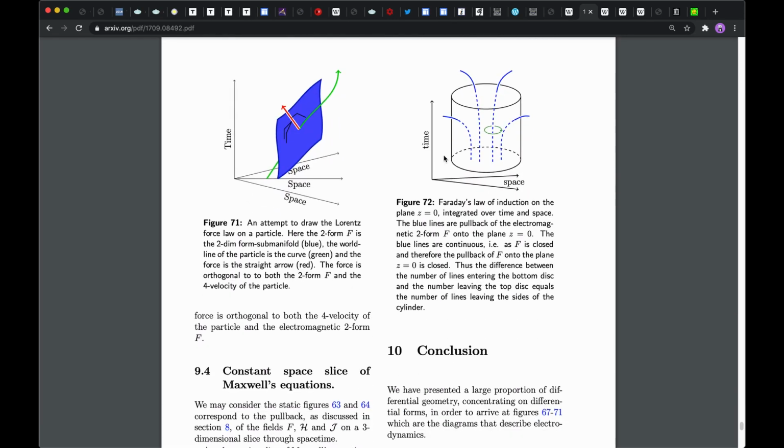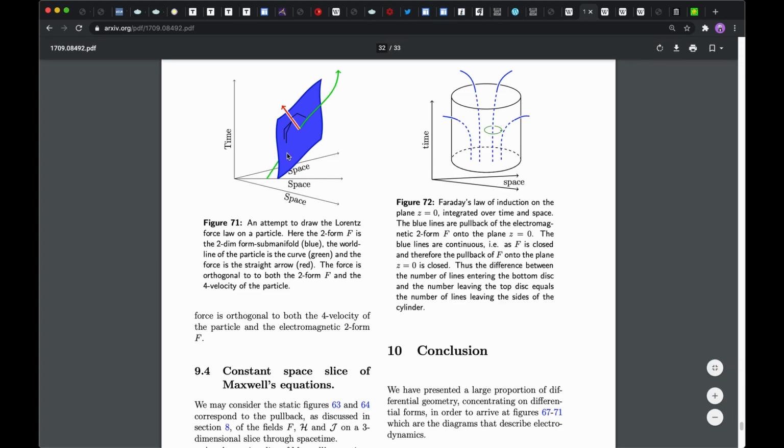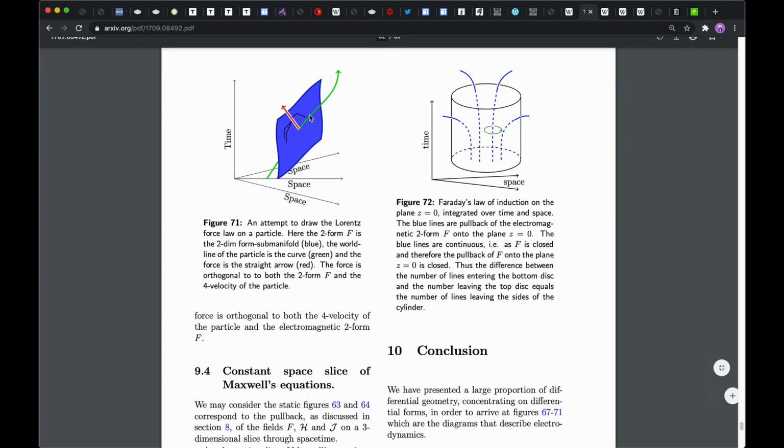Yes, at the end of the article we also have the depiction of the Lorentz force law, and here we have the 2 form F, which is depicted as the blue submanifold here, and we have the world line of the particle, the green curve here, and the force is the straight red arrow here, and the force is orthogonal to both the 2 form and the 4 velocity of the particle at that point.